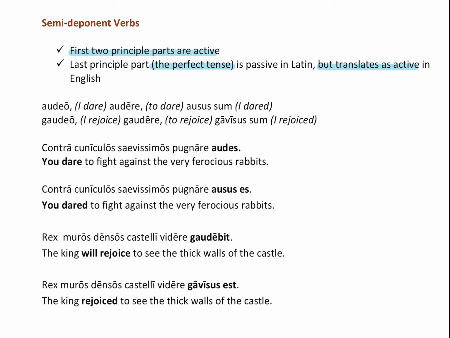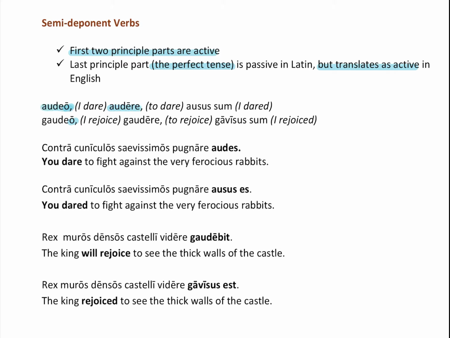All right, you have 2 semi-deponent verbs in your vocabulary. Notice that they also just have 3 principal parts, but the first principal part does not end in -or. So that's the difference between a deponent and a semi-deponent verb, and that's how you're going to be able to recognize them. So literally, audeo, that is just regular. It means I dare.